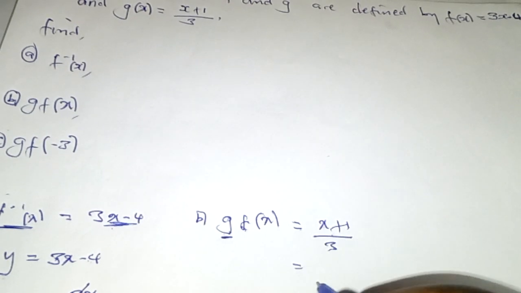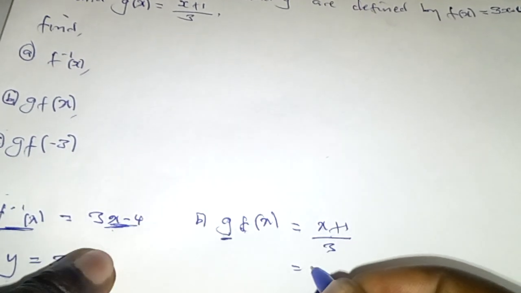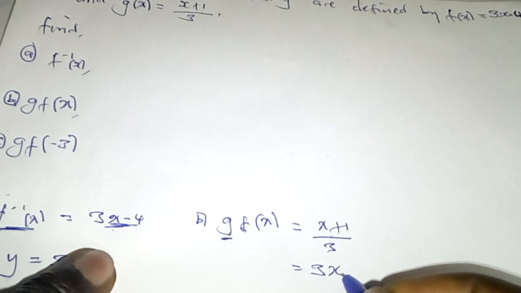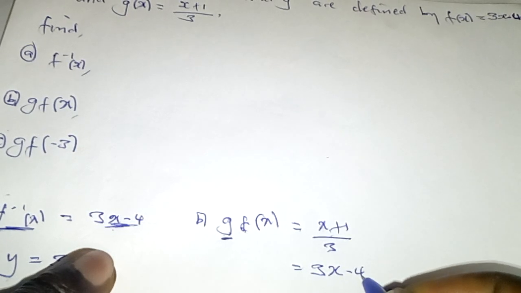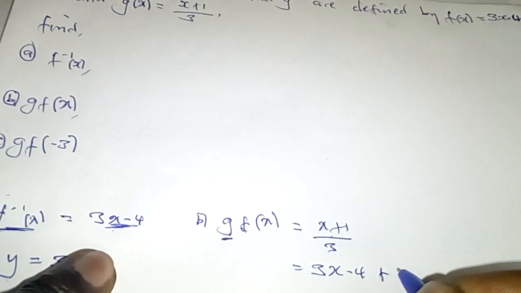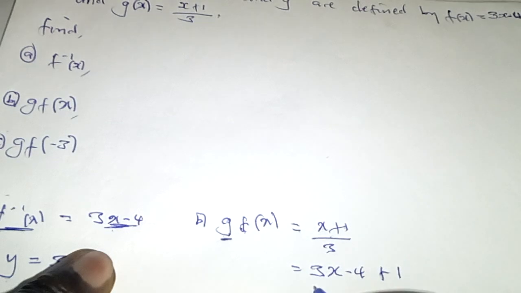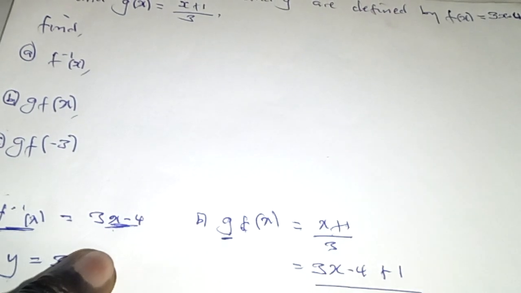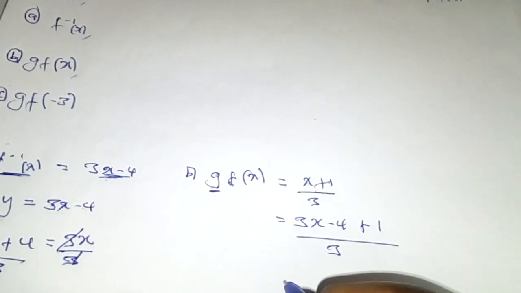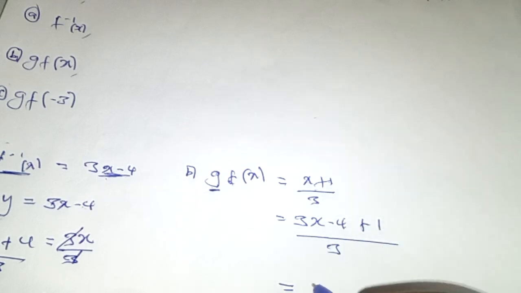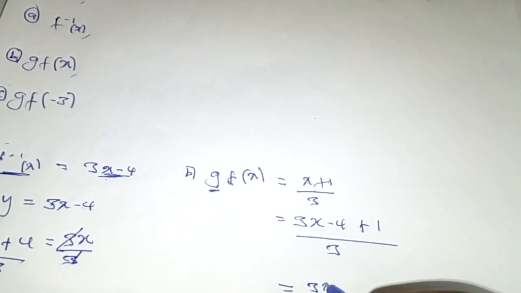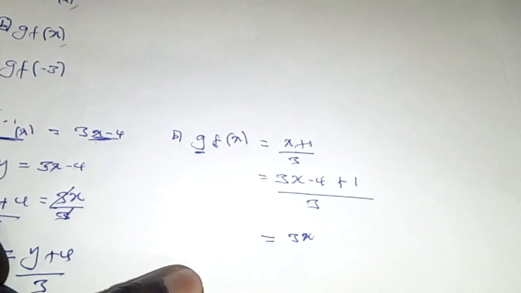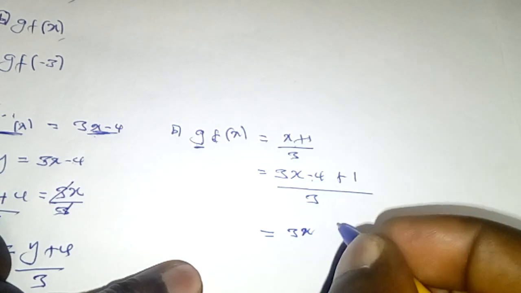So this same function we are going to insert in the function for g. Here on x we are going to write 3x minus 4, then plus 1, and we divide by 3. So this is going to be 3x, and what is negative 4 plus 1?